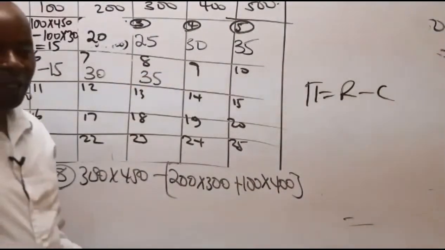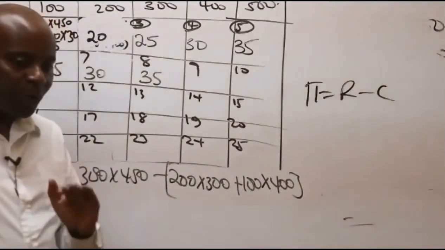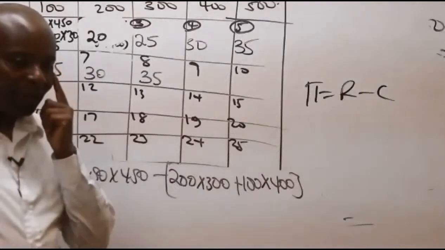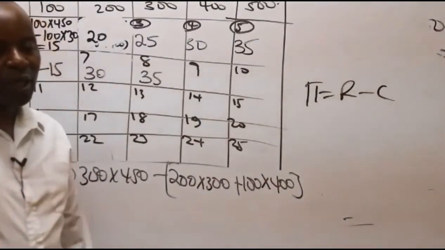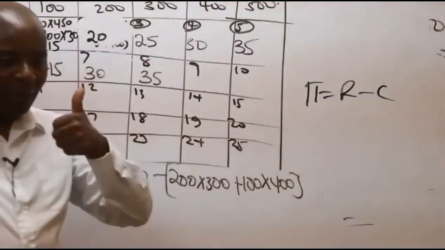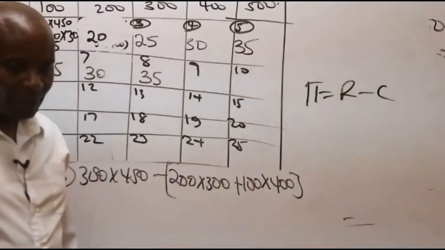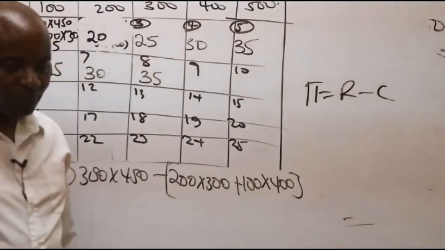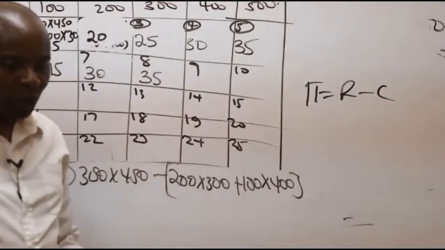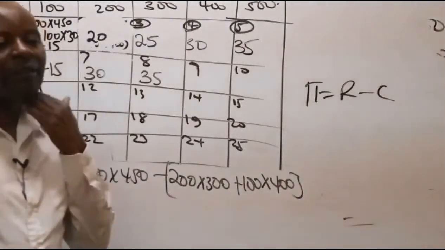I don't know whether now, Jerry, you have been able to follow, or at times we could be wrong. You could be right. Try to give us your argument. If you've understood, please tell us, I have understood. Let us not force you. It's not about forcing you, it's about you understanding.